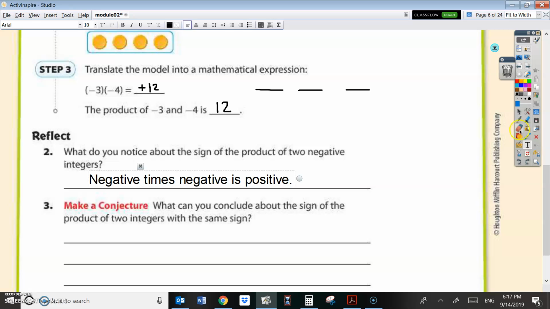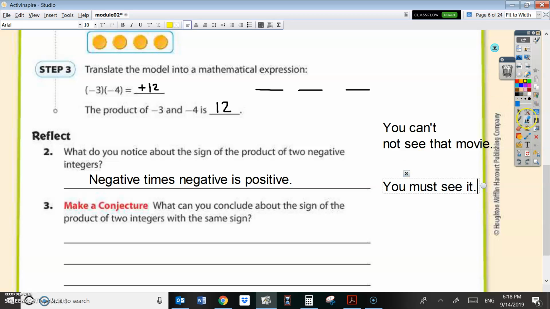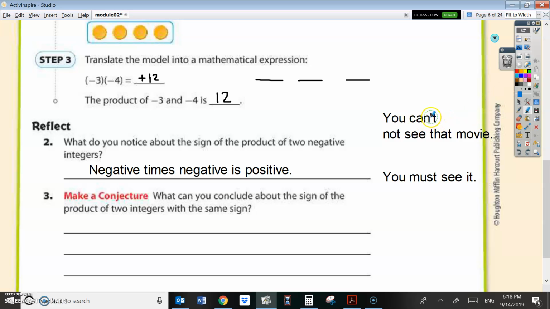So think, what if someone said, you can't not see that movie? They would mean you must see it. So these two negatives cancel. This negative and this negative cancel.